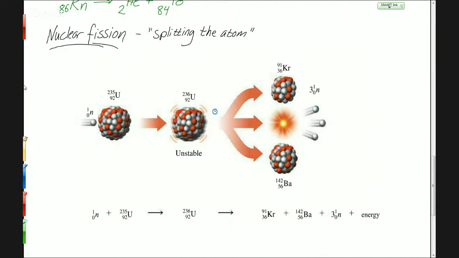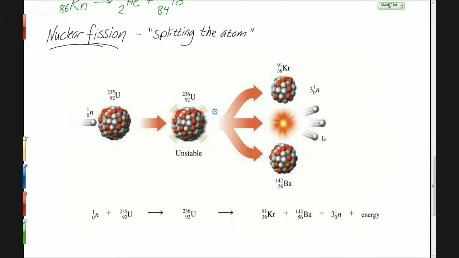What happens is that neutron gets captured. It gets absorbed by the nucleus. And when it does that, it becomes very unstable. You can see that by these little lines floating around here. And that unstable nucleus breaks apart into two pieces. It turns into a krypton nucleus and a barium nucleus, and then it emits 3 more neutrons itself.